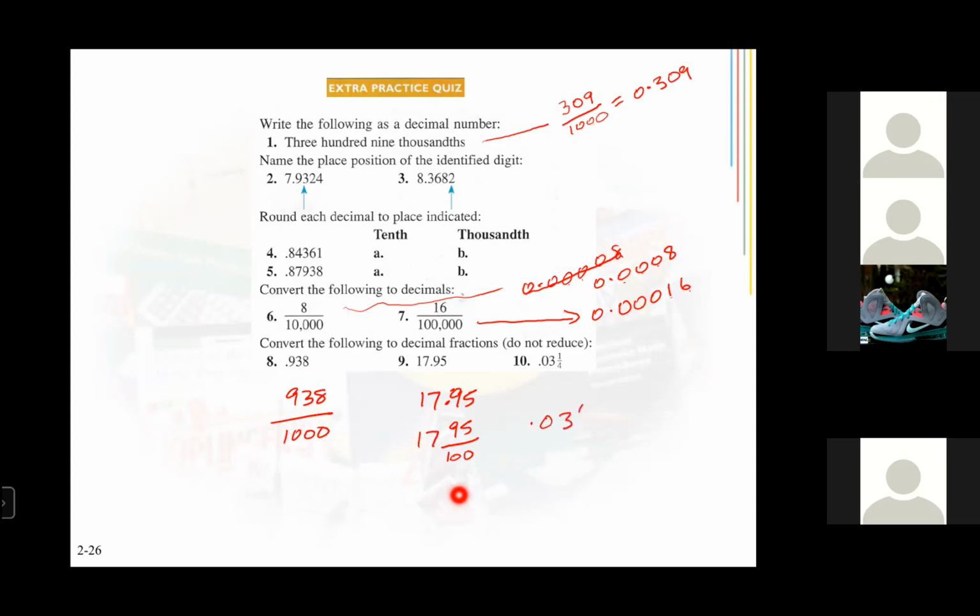And then 0.03 and a quarter. That's going to be 325 over 1,000. Okay, so 0.0325.